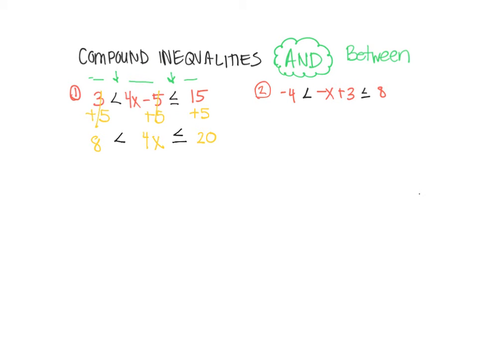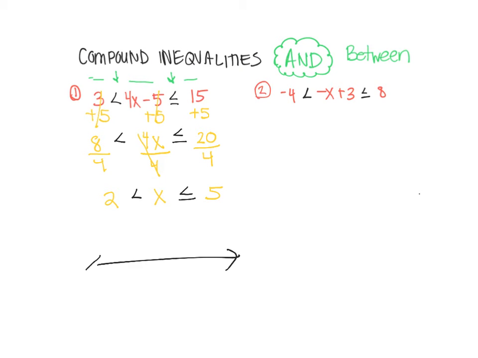Now my goal is still to isolate this x in here by itself, and it's 4 times x, so I'm going to divide by 4. When I divide by 4, I've isolated that x. I've divided by a positive 4, so my inequalities stay exactly as they are. And then I do the division on either side.